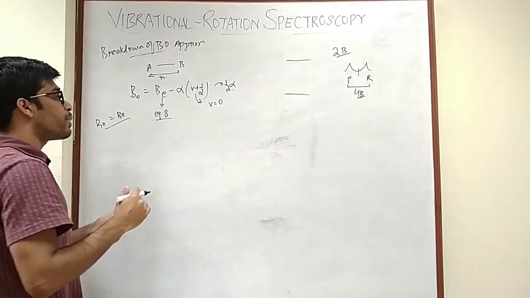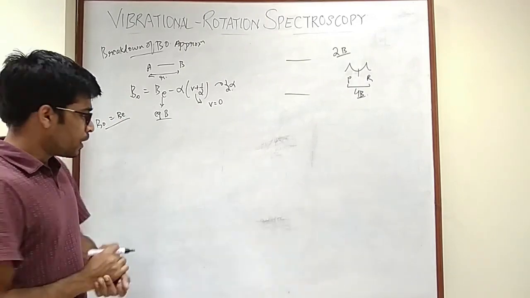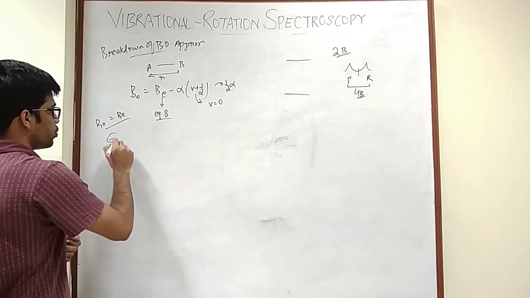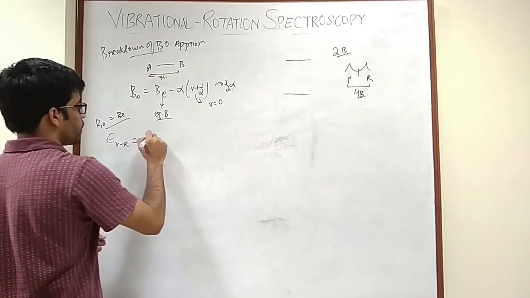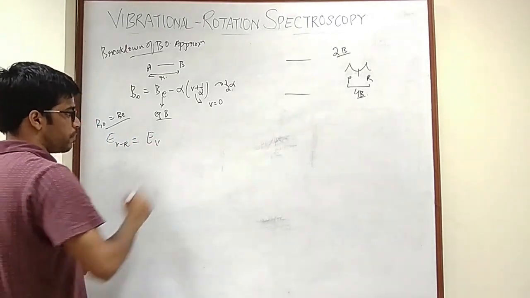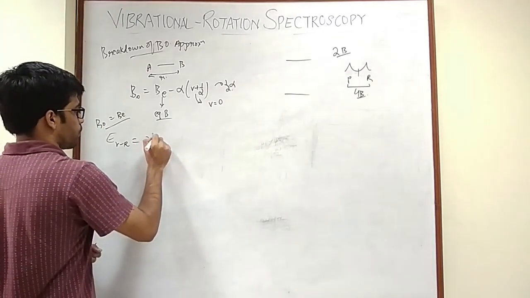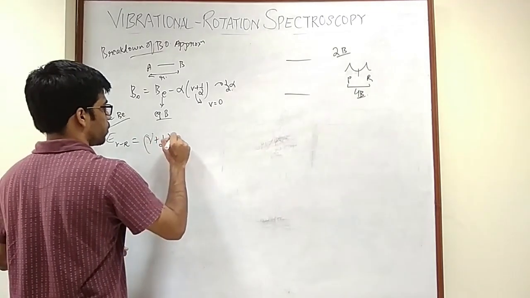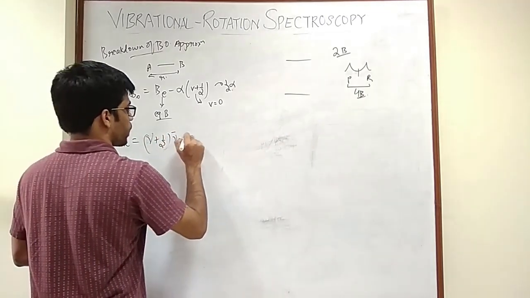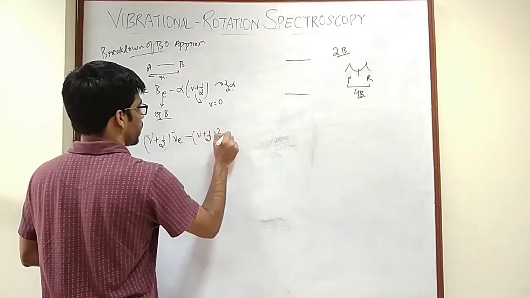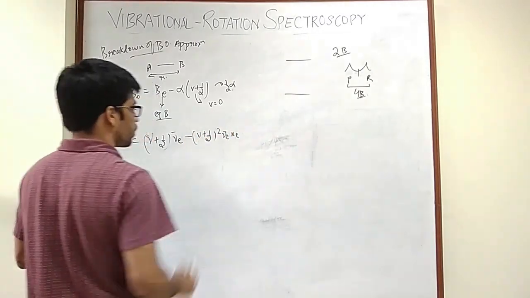So let's say we have the breakdown of the Born-Oppenheimer approximation, then what are our energy levels going to look like? The energy from the vibration part is still going to look the same. That means it will be (v plus half) omega_e minus (v plus half) squared omega_e x_e.